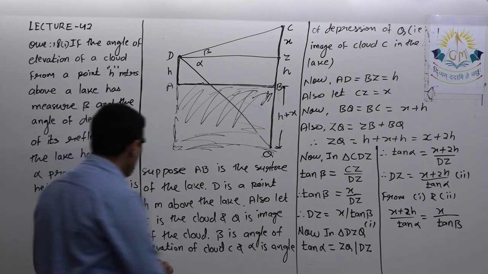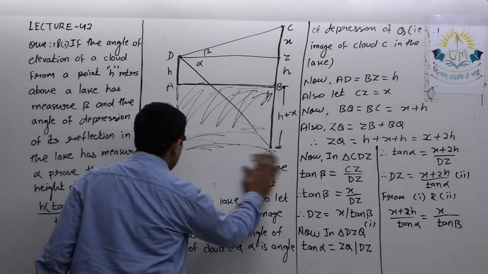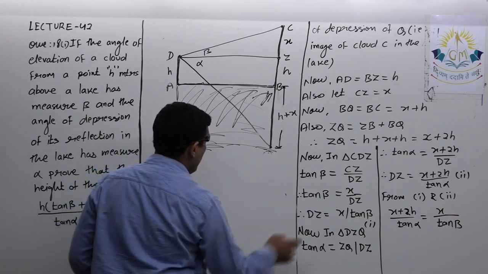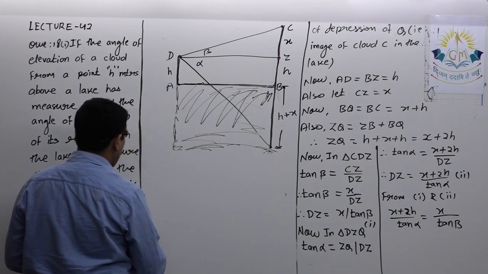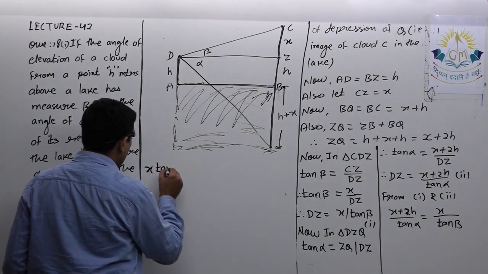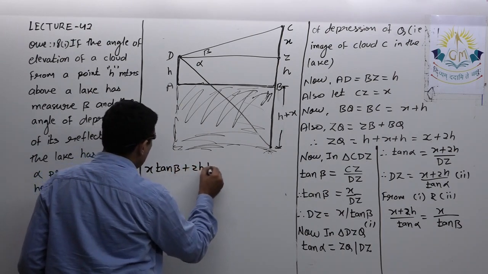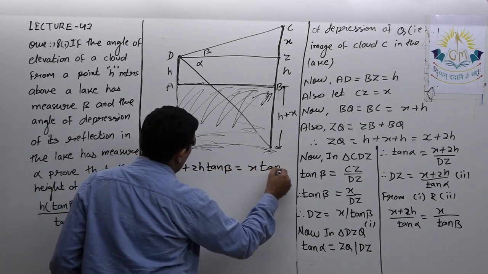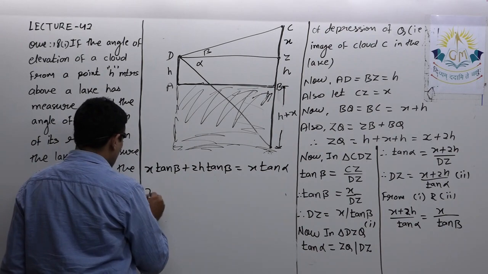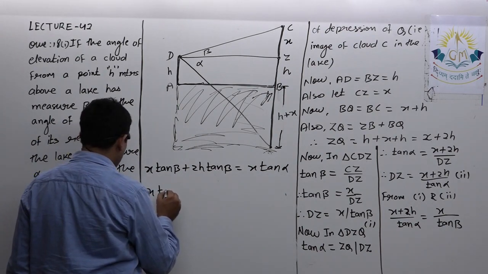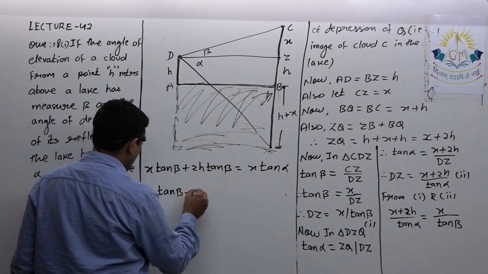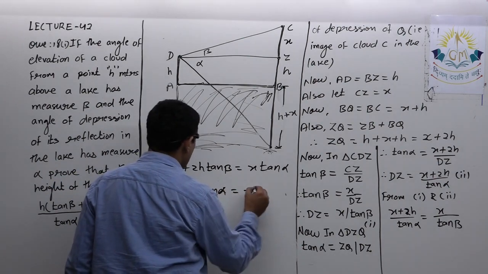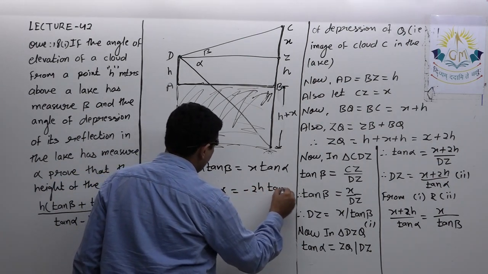So let us solve this over here. Now from here I'll cross multiply, so I will get X tan beta plus 2H tan beta is equal to X tan alpha. So X tan beta minus X tan alpha is equal to minus 2H tan beta.